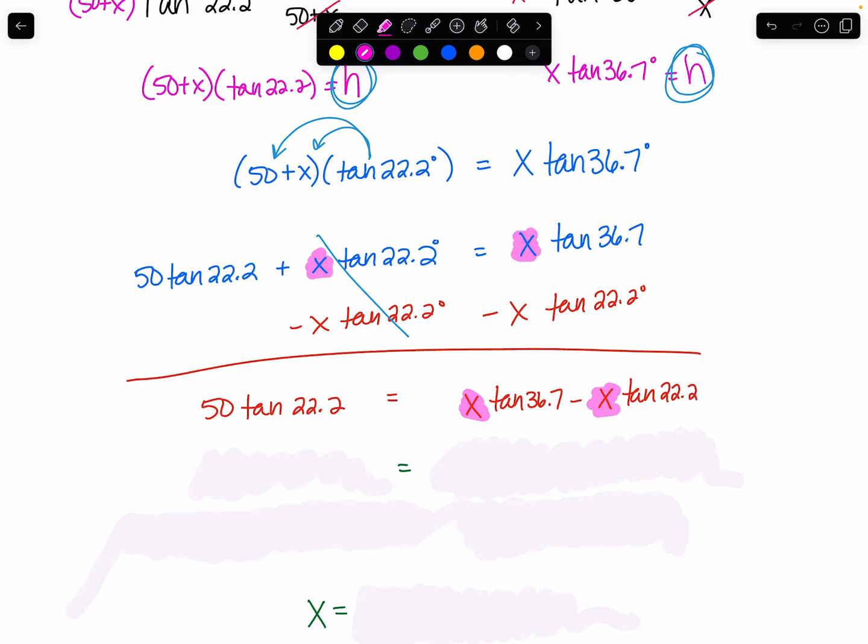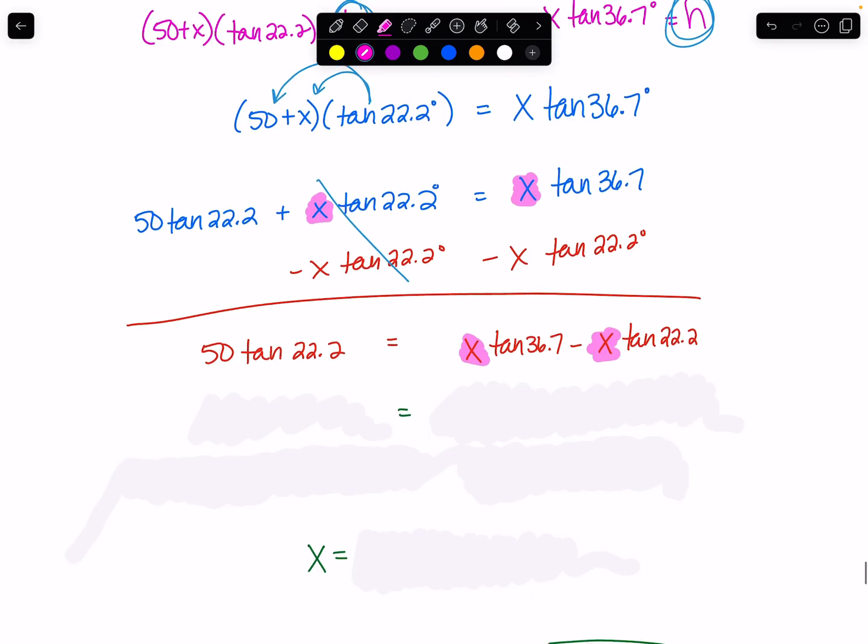I have x's now on the same side, and since both terms on that side have an x, they have a common factor, so I can GCF out, greatest common factor out, that x, and then I would have the quantity tangent of 36.7 degrees minus tangent of 22.2 degrees, which is just some number, right?